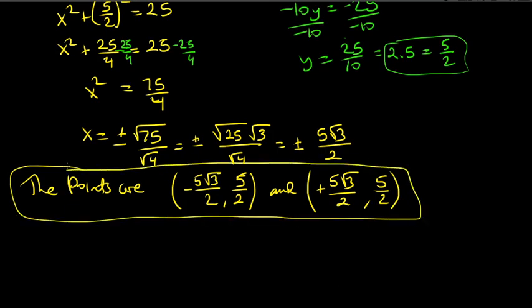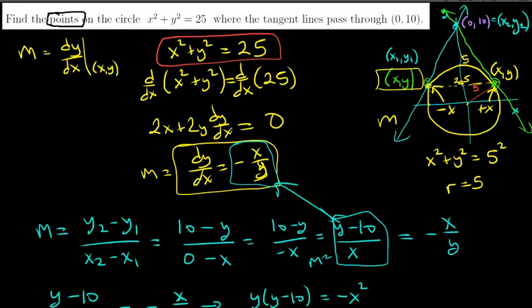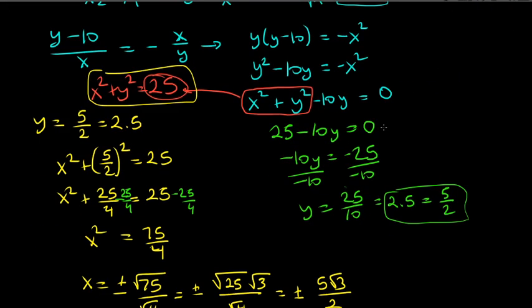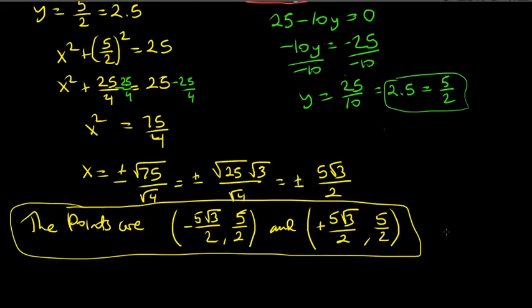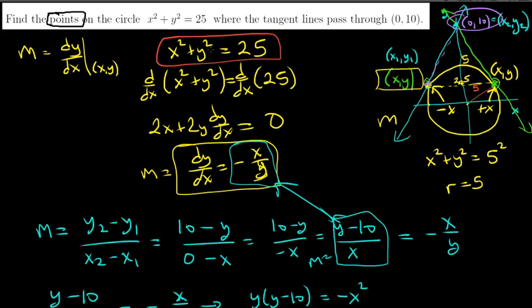Okay, so these are the 2 points on the circle whose tangent lines at those 2 points will intersect the point 0, 10. And that was the question. Find the points. We got them both. Okay, so kind of a tricky one.